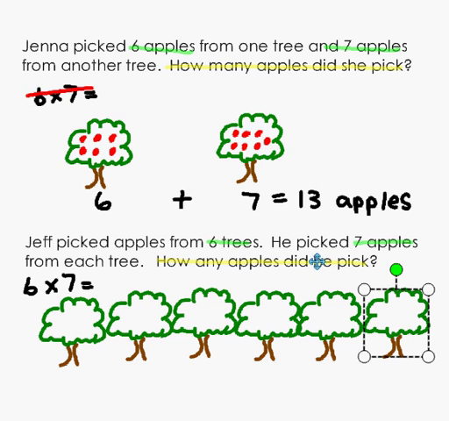Jeff picked apples from 6 trees. He picked 7 apples from each tree. Do you see this word each right here? This is telling me that I'm going to use repeated addition because there are, I'm sorry, 7 apples in each of these trees.